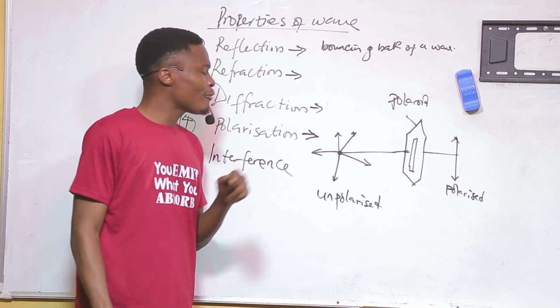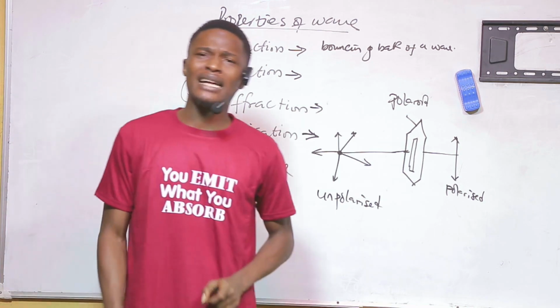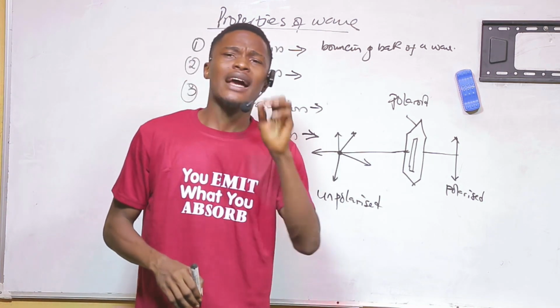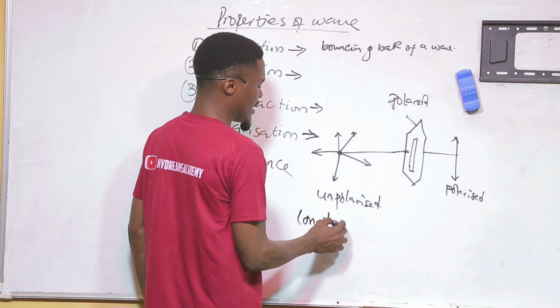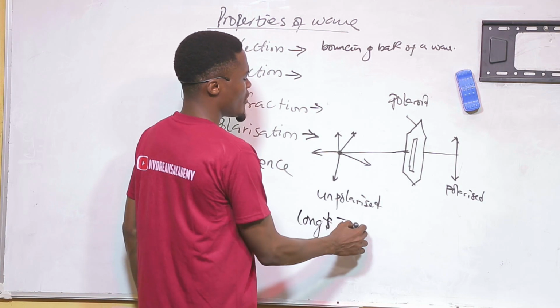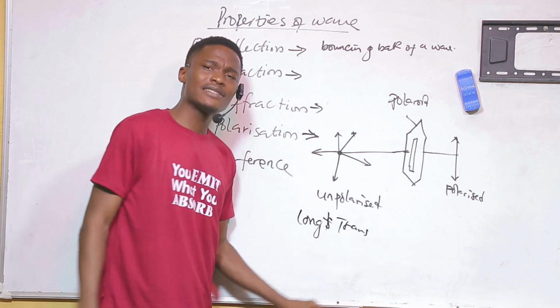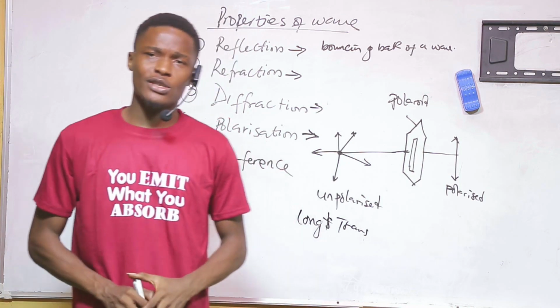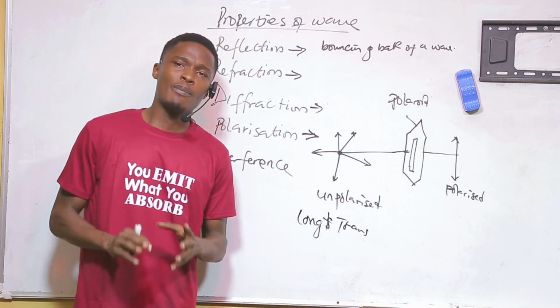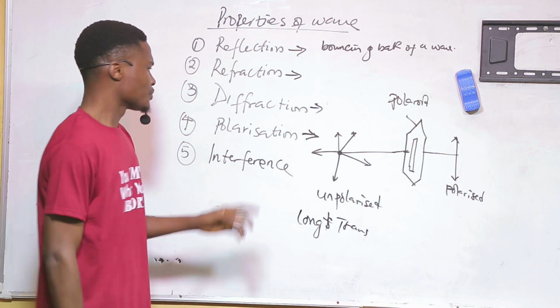Now, this property of polarization is very, very important. Why is it important? Because we can use it to distinguish between longitudinal and transverse waves. Remember, we have talked about longitudinal and transverse waves. We said that longitudinal waves travel parallel to their source and transverse waves travel perpendicular to their source.